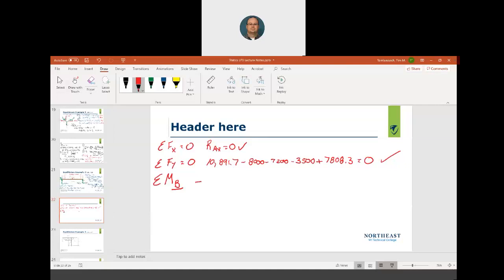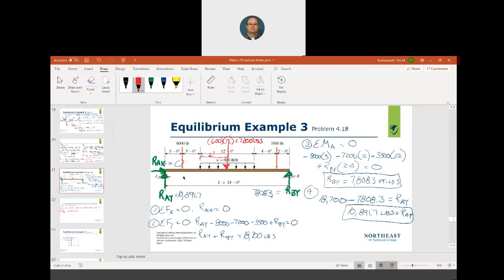So minus 10,891.7 times 24 feet, because my perpendicular distance is 24 feet. Okay, now these are all positive here.